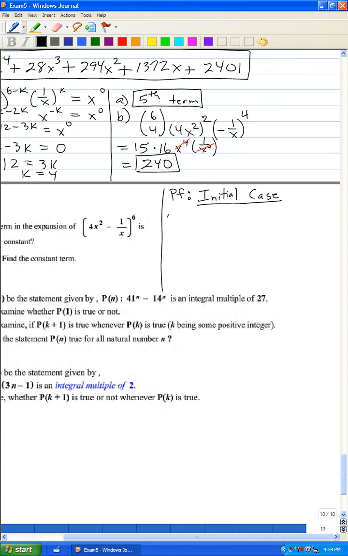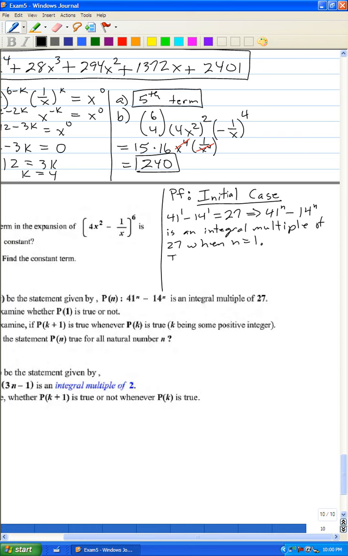So 41 to the 1 minus 14 to the 1 is equal to, well, 27. So thus, 41 to the n minus 14n is an integral multiple of 27 when n equals 1.